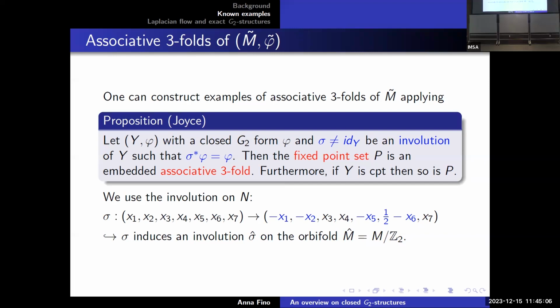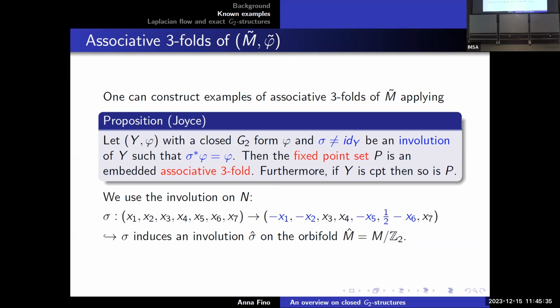Anyway, another thing that one can easily describe here is the associative submanifold. For this we apply a result due to Joyce. If you have a seven manifold with a closed G2 form and you have an involution which preserves the 3-form, then the fixed point set is an embedded associative submanifold, so it's calibrated by the 3-form.